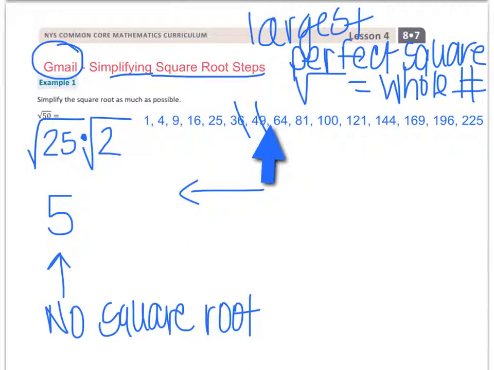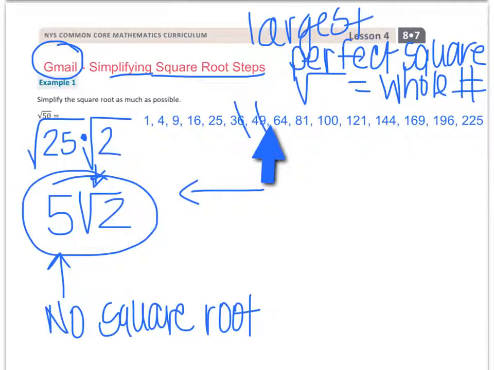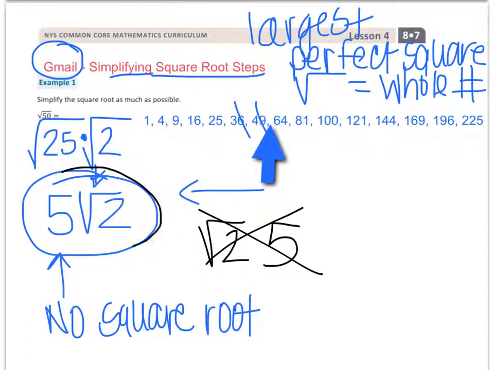The square root of 2 gives you some long decimal. It doesn't simplify. So I'm just going to bring it down and put it behind 5. It's mathematically correct to have it as 5 square root of 2 compared to square root of 2, 5. That's the wrong way to write it. You want to write it with the whole number in front.